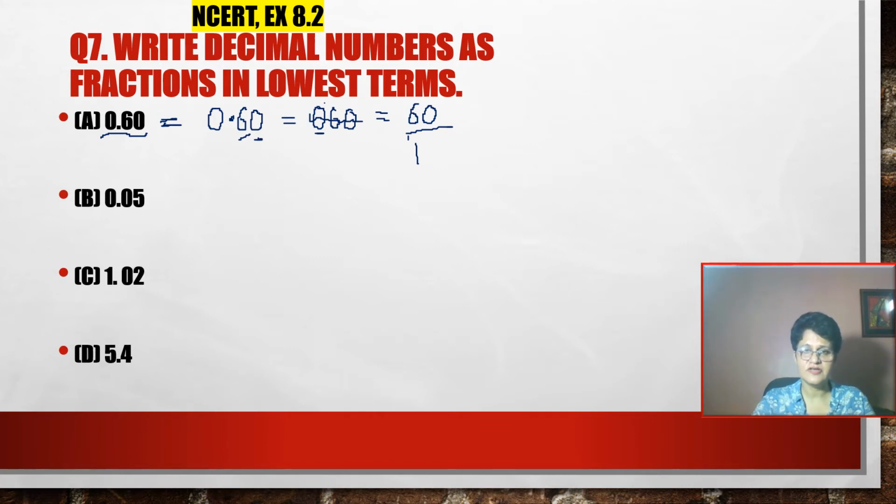So if the digits are 2, you write 2 zeros. If the digits are 3, you write 3 zeros. So in place of the decimal you write 1, and after that just count the digits and put the zeros accordingly. Okay, so the decimal fraction is now 60 upon 100.